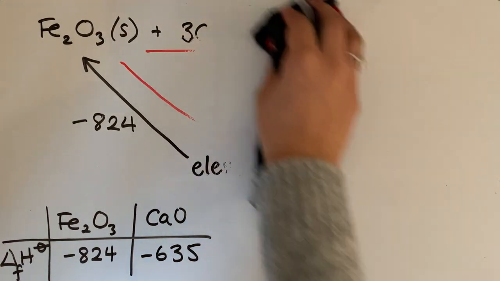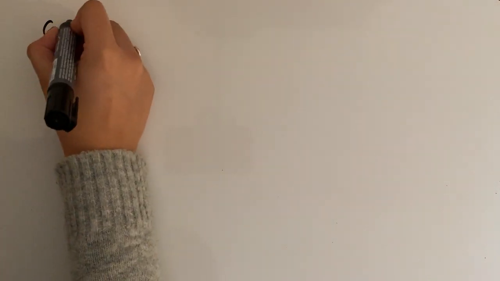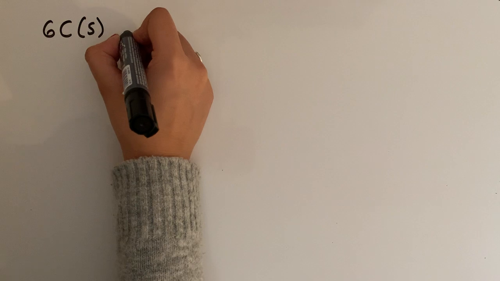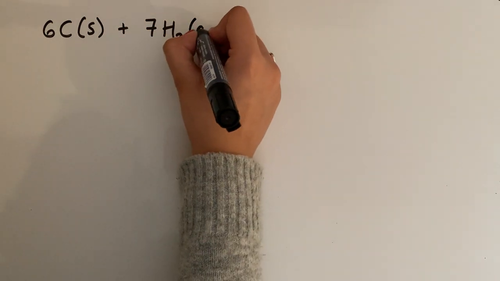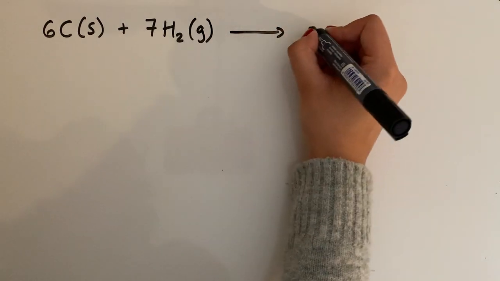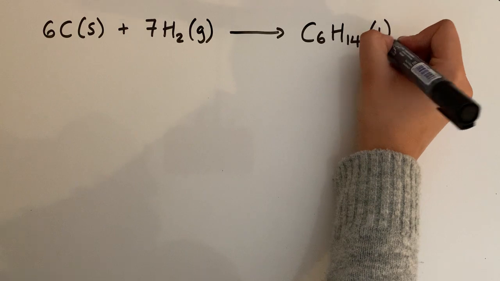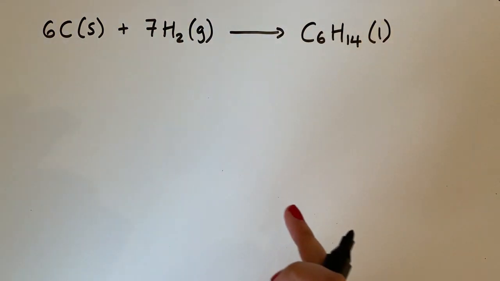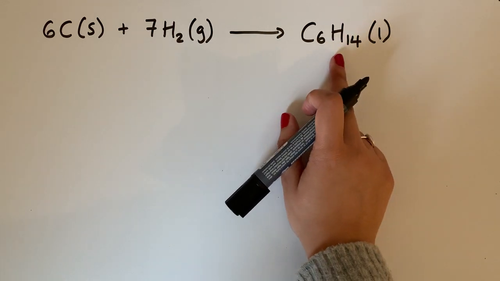So this one, they gave you the enthalpy change of formation. Let's now have a look if they give you the enthalpy change of combustion. So this is the equation that they want you to work out the enthalpy change of reaction for. As you can see, this reaction here is actually the enthalpy change of formation of this compound here, which is called hexane.